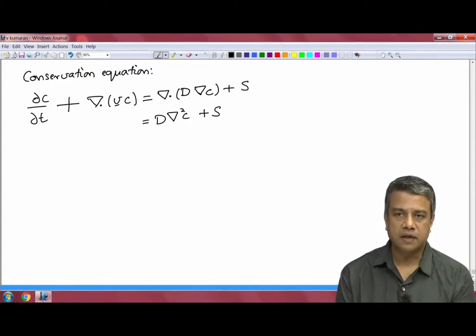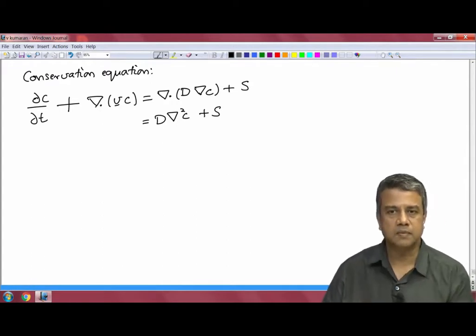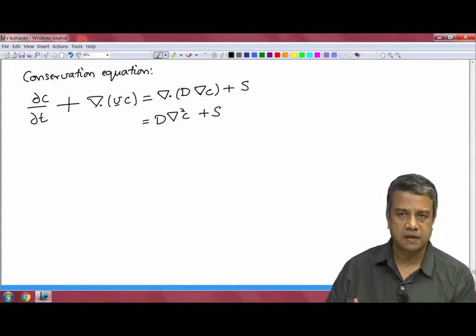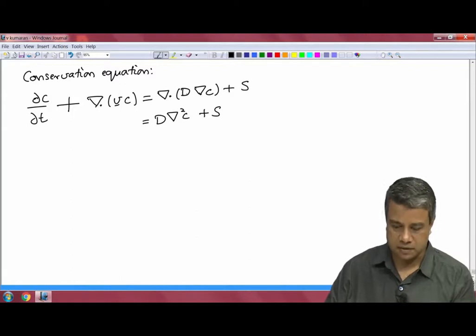So, if you recall, in all of these problems, we had defined a scaled concentration depending upon the concentration that is specified, or the variation in concentration across the domain.